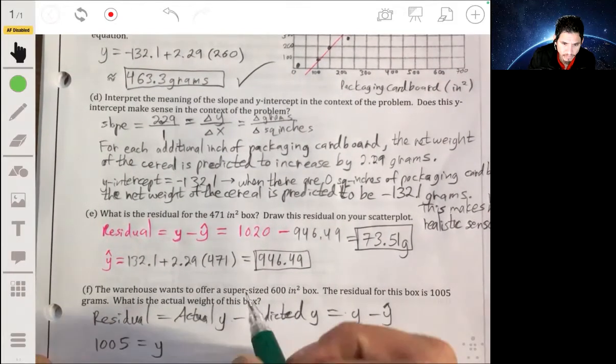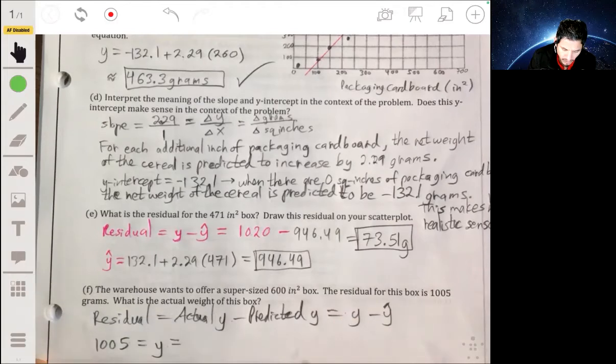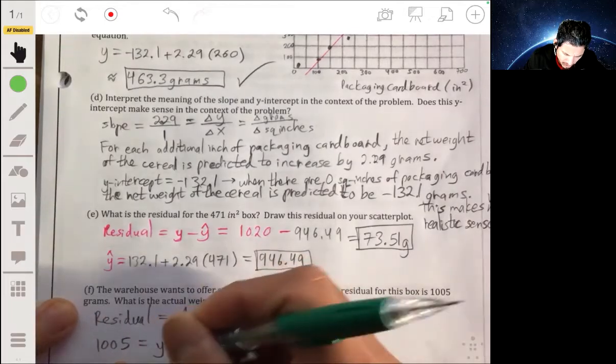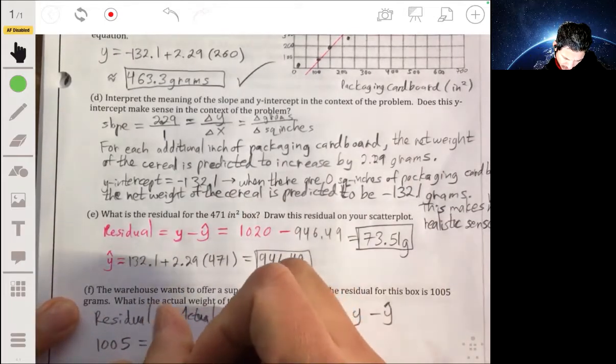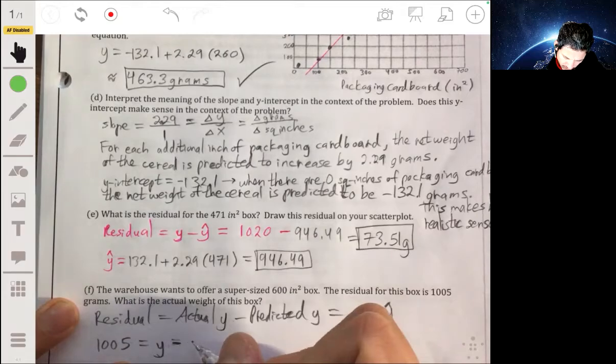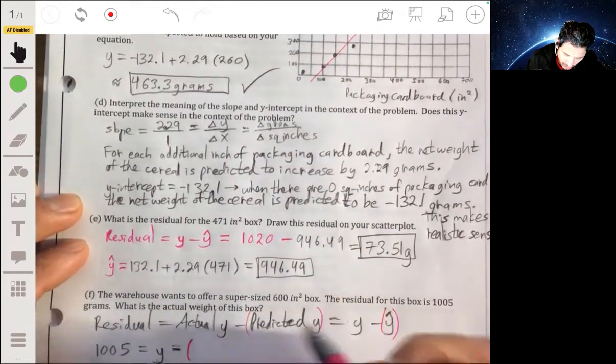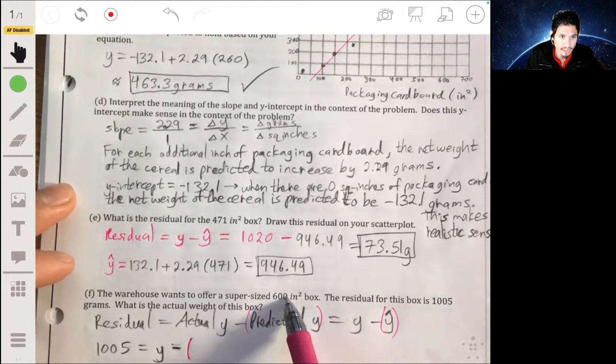So 1,005 equals y, actual y, minus the predicted y. Let me put it in pink there. That we can figure out by plugging 600 into our equation for x.